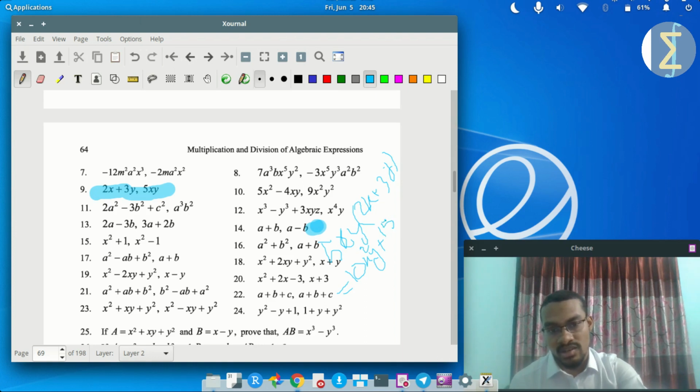There is only 1x, and here 1y and here another y, so 2y, so y square. That's it.